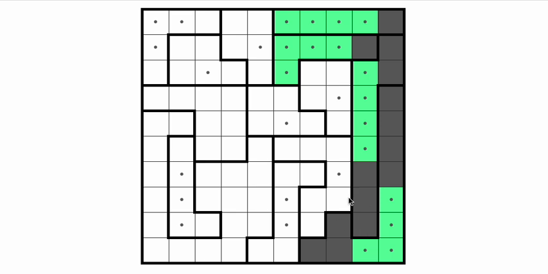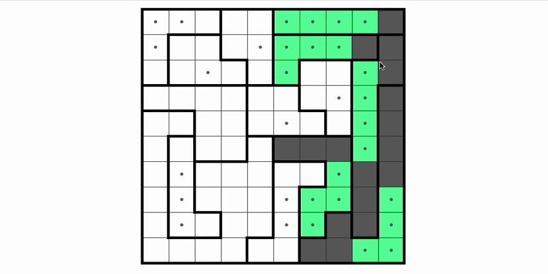Now we've got a couple potential 2x2s here. We've got to fill those in. Now in this region right here, we have what will need to be the 4 cells of the tetramino there, and then we can fill in the rest.